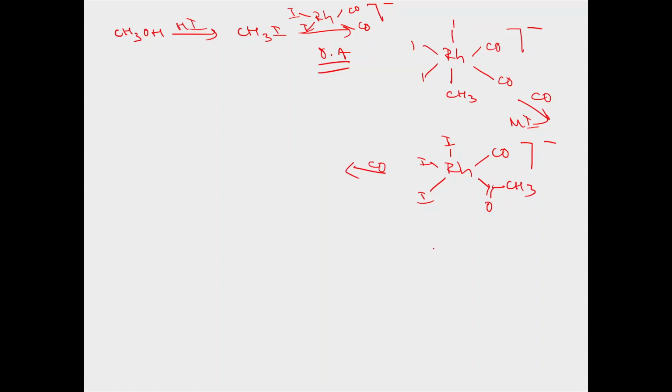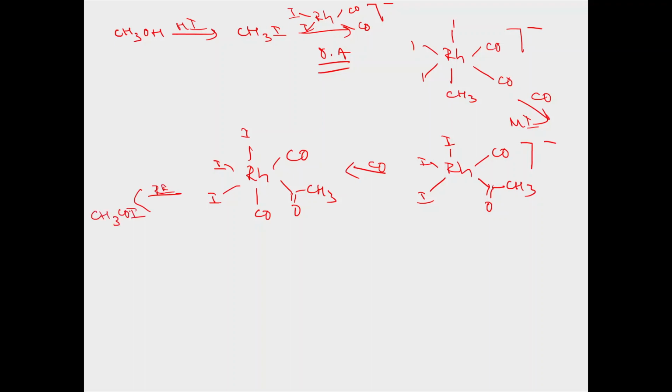Now it is having a coordination number of 5. So now CO gets a space to coordinate to this rhodium, and we will get rhodium I, I, CO, COCH3 and CO.